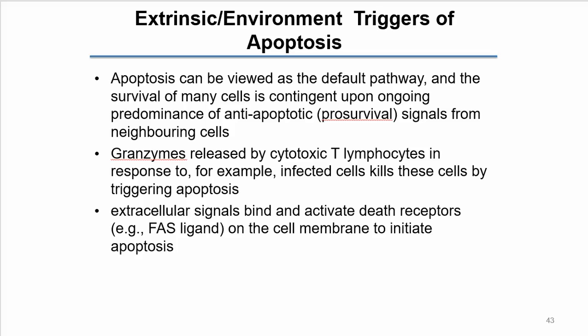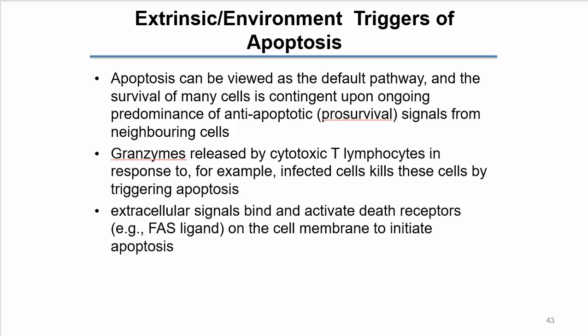In a big way, healthy tissue supplies anti-apoptotic signals into the cells within that tissue. As the tissue becomes unhealthy or the cells aren't doing their job, then the anti-apoptotic signals go away, which then allows apoptosis.